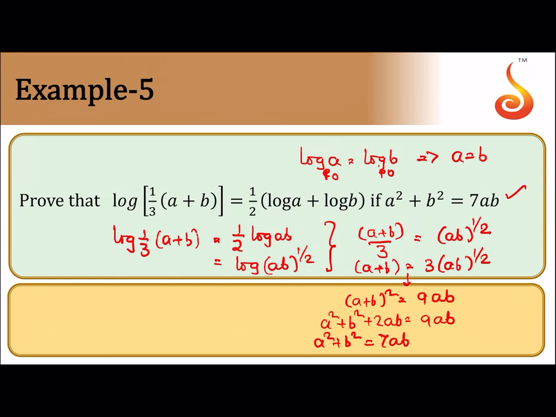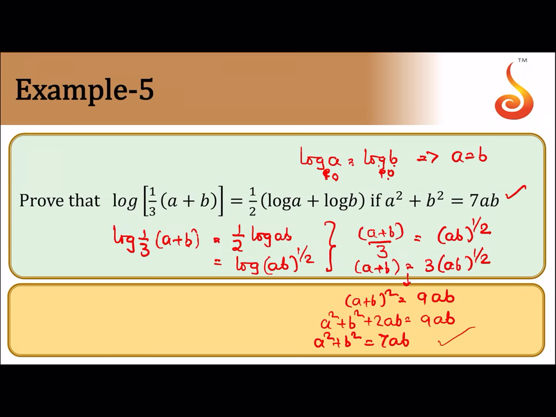That only I have to prove. So what property we used? Log base 10 a equal to log base 10 b implies a equal to b. Two logarithms are equal means inside value must be equal. Same we used here.